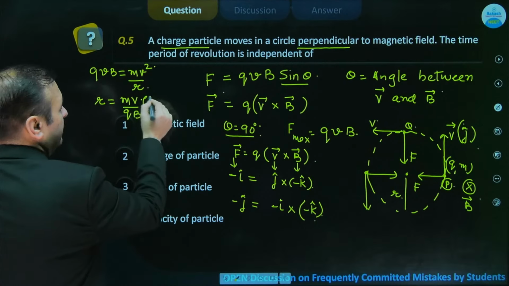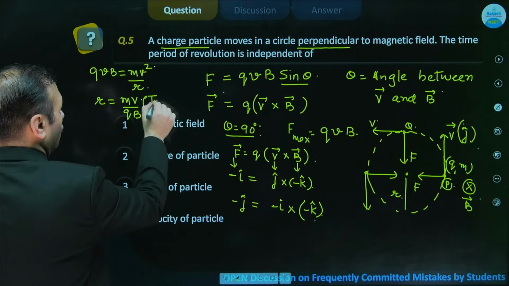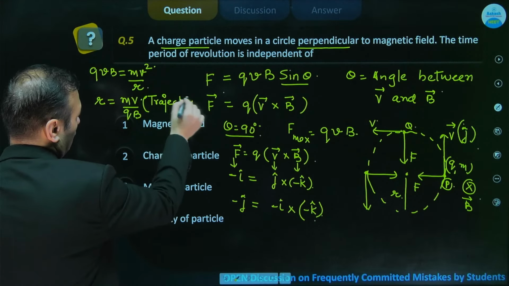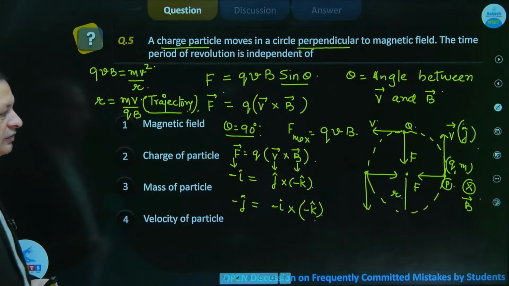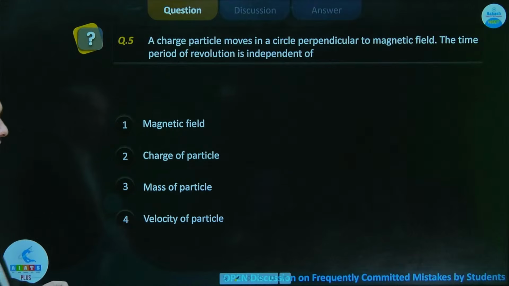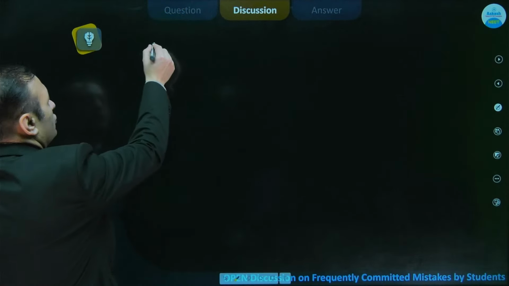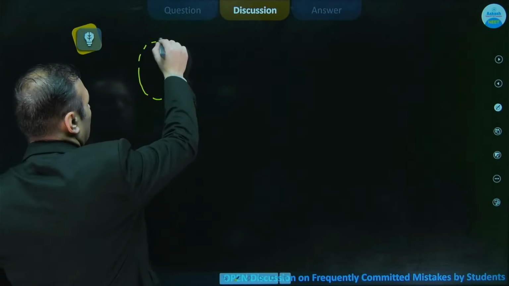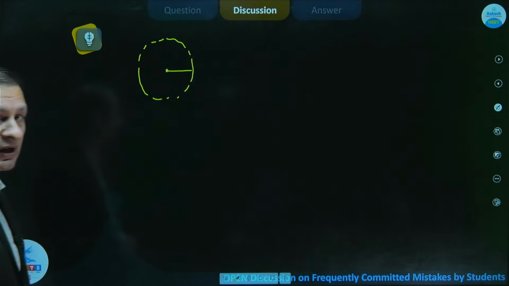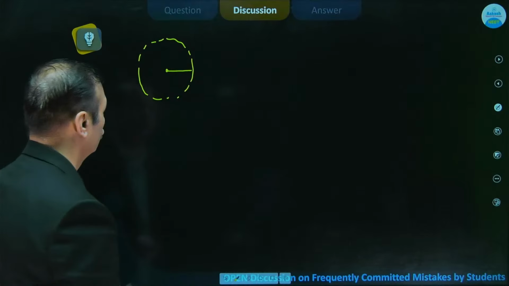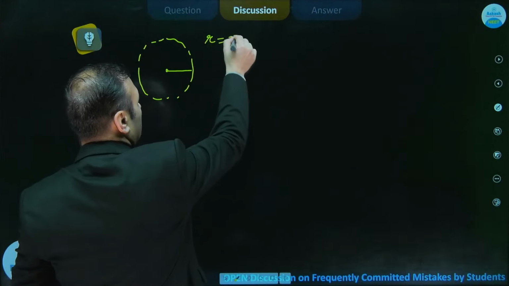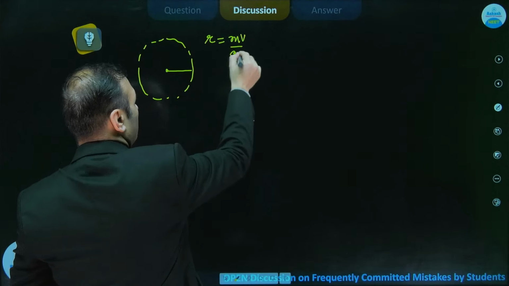This r is the radius of this circular path, or we simply call it its trajectory also. Now, we know that when a charged particle enters into a uniform magnetic field perpendicularly or normally, it follows a circular path and its radius is mv by qB.